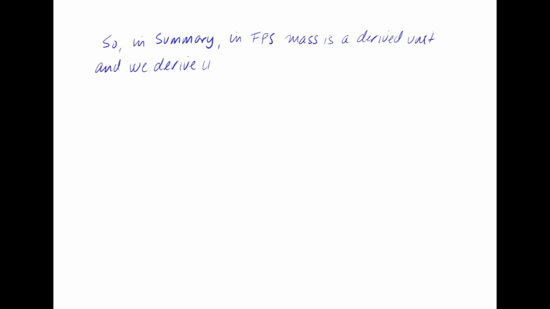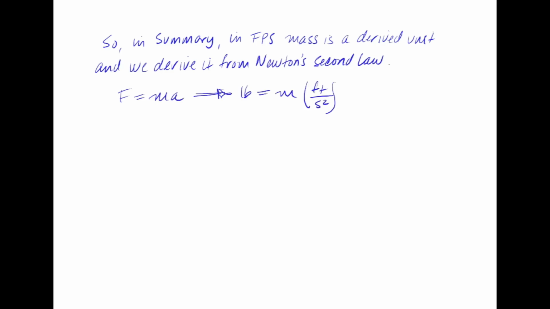So in summary, in FPS, the mass is a derived unit, and we derive that unit using Newton's second law. We just take the acceleration units, feet per second squared, and we write Newton's law of force equals mass times acceleration in FPS units.